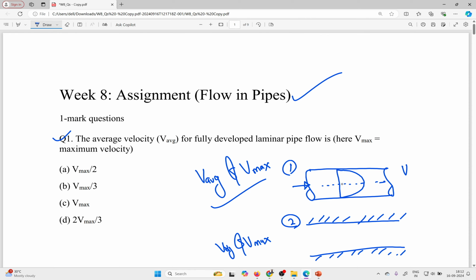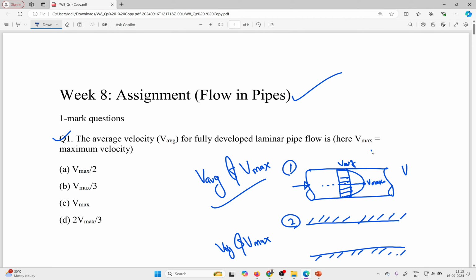So this is the maximum velocity, V max. Here velocity is 0, here velocity is 0. If you want to make the average, then this much, this much. Average means this type of velocity distribution. This is V average.